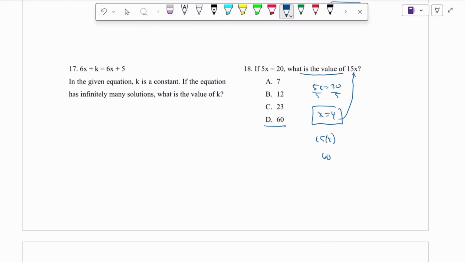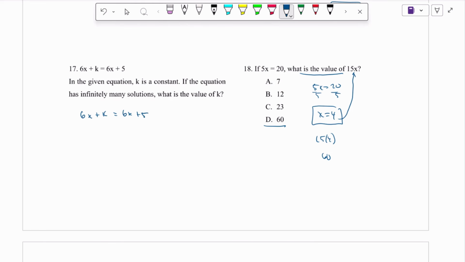Hop over to the problem to the left, number 17. In the given equation, k is a constant, which means it's a number. If the equation has infinitely many solutions, what is the value of k? If I take a look here, I said earlier, if you ever get a number equals another number, the answer is going to be infinitely many solutions.